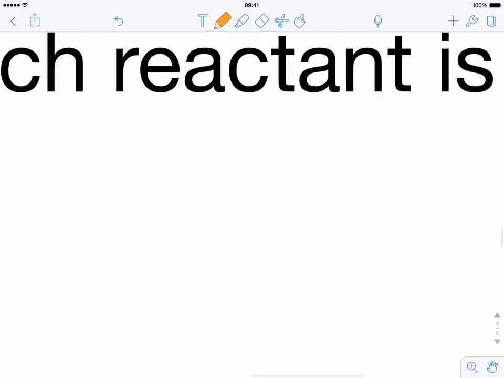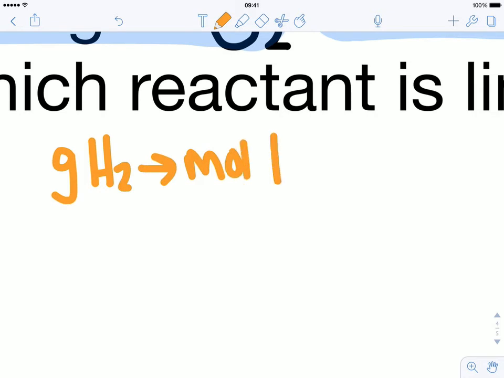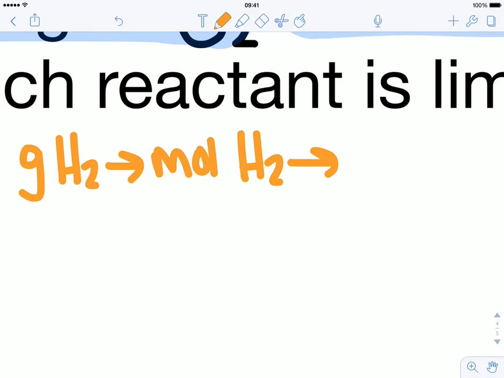So here is the process that we need to follow. First we need to do grams of H2 into moles of H2, and then moles of H2 into moles of H2O. And that'll take care of the first reactant.